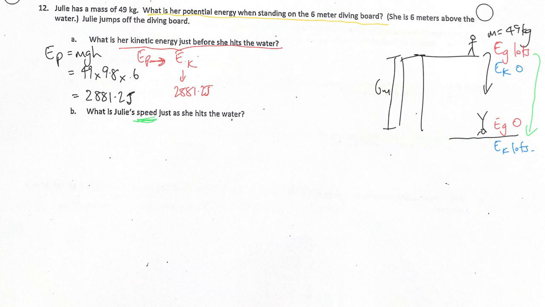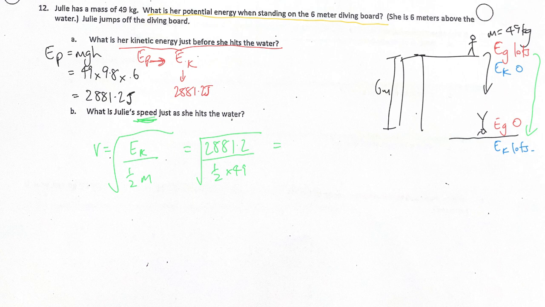What's the rearranged equation? V is equal to the square root of EK over half m, all of it. So 2881.2 over half times 49, and you square root the entire thing.